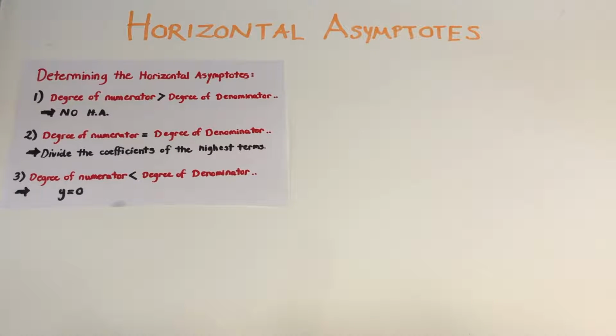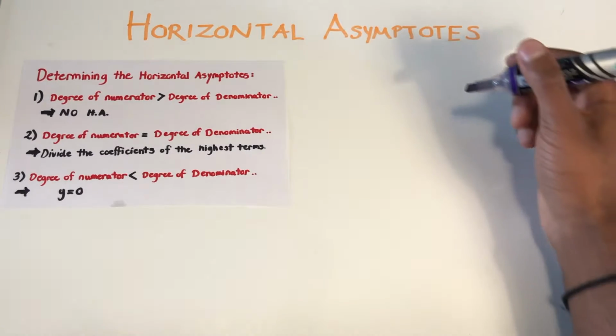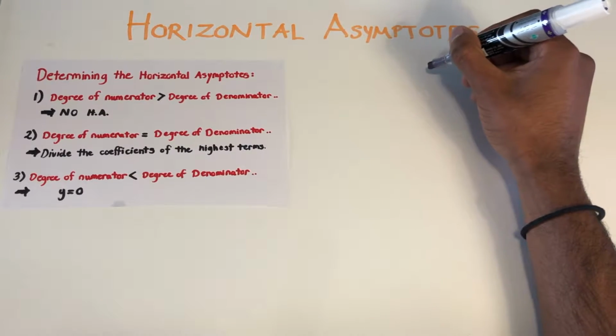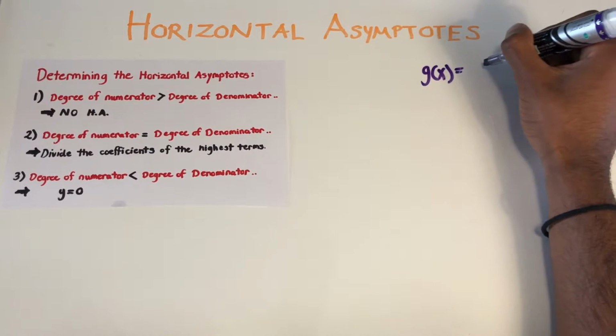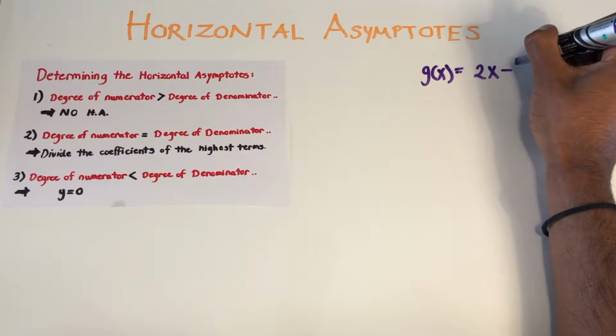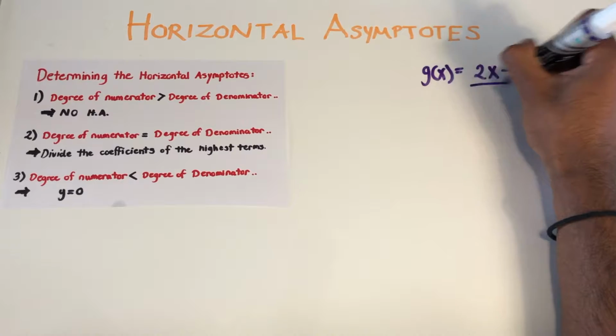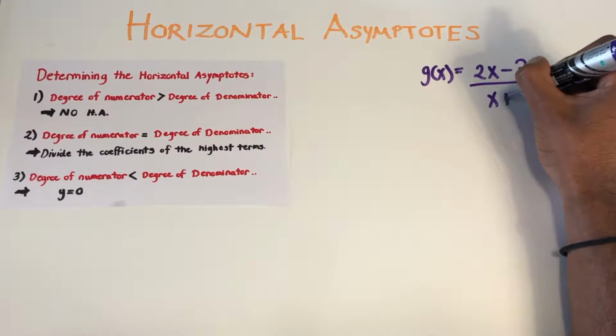Let's look at a problem now in which the degree of the numerator is equal to the degree of the denominator. For instance, we have g of x is equal to 2x minus 2 over x plus 1.